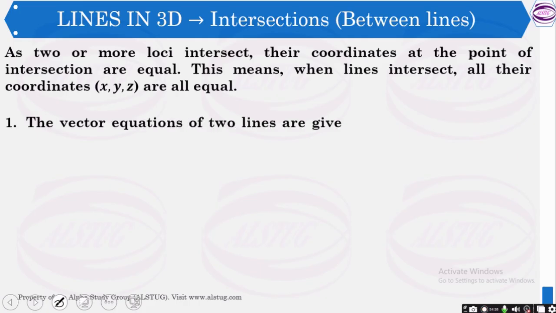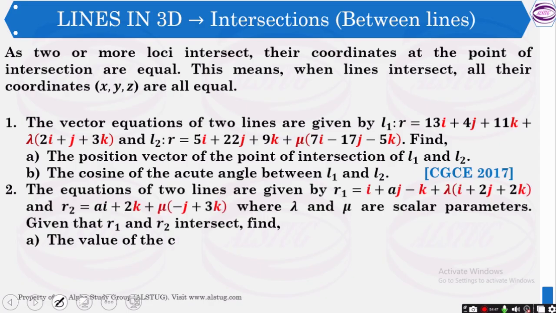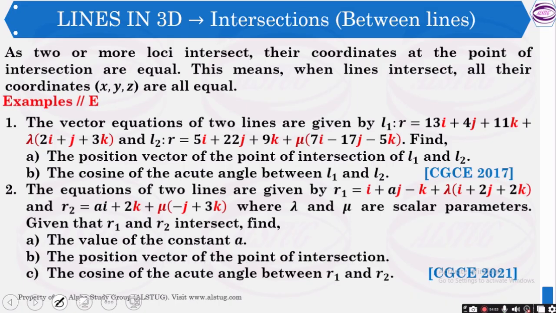Now, say the vector equations of two lines are given by L1 equals that, L2 equals that. These are examples and they are Cameroon GCE questions. You can pause the video and copy the questions.